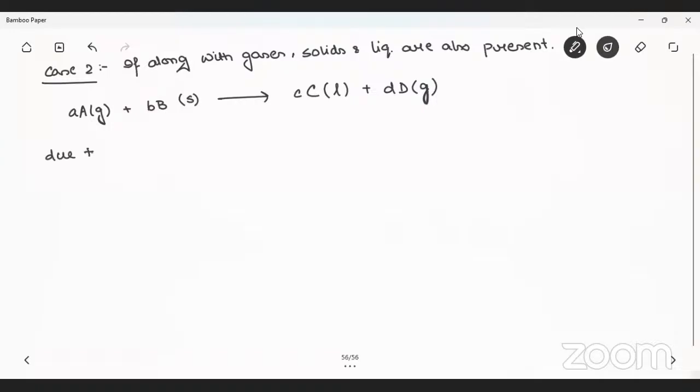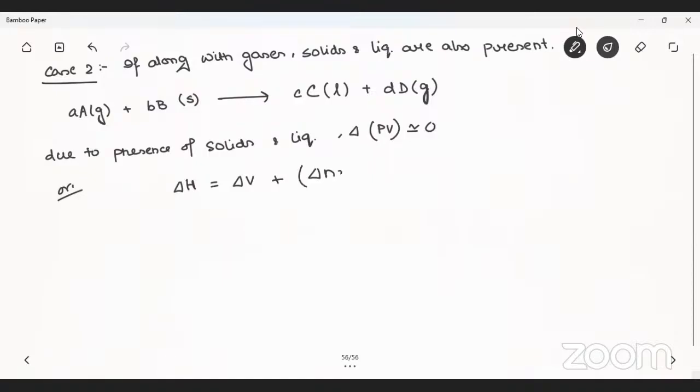So due to presence of solids and liquids, what we get? Delta of PV is equivalent to 0. So we know the general equation as delta H is equal to delta U plus delta Ng RT. This is the general equation, right? We have just learned.